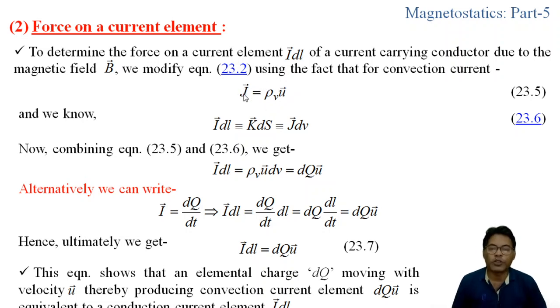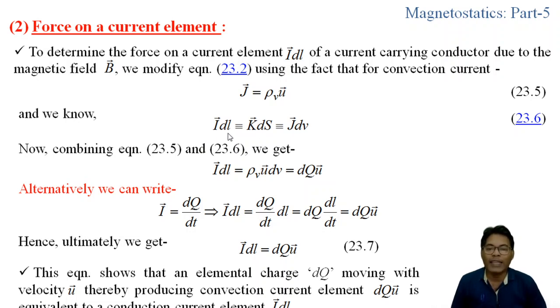Another point we should know is that the current element for the line current, I dl, is equivalent to K dS, the surface current element, which is equivalent to J dv, the volume current element. So all these current elements can be taken as the equivalent current.